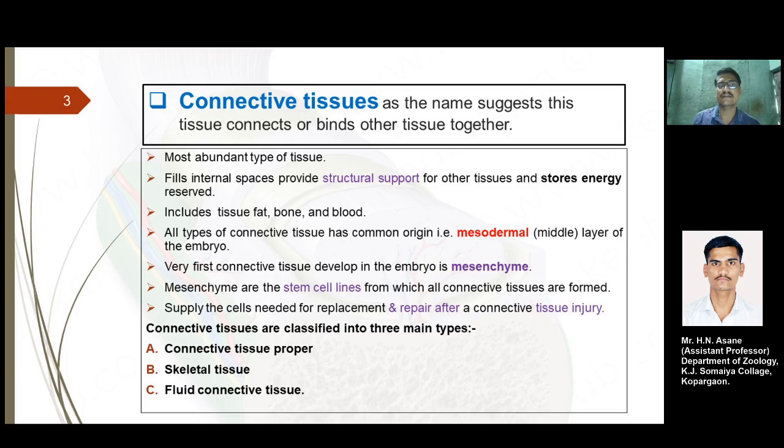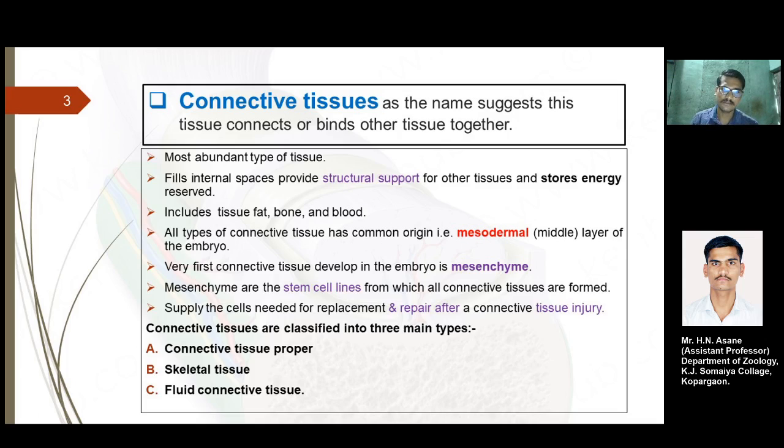You should get an idea from its name itself. Connective means they are connecting something to something. They are embedded, sandwiched between two tissues.